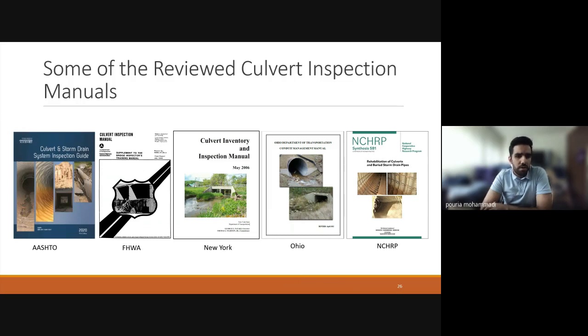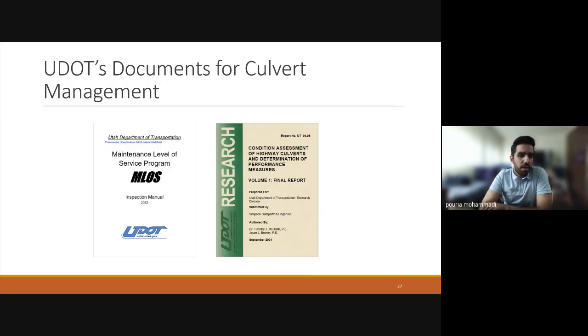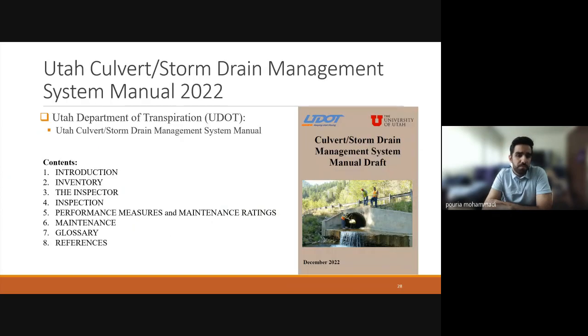These manuals may have different layouts or chapters, but they mostly cover the same concepts and provide the necessary content for the Utah Culvert Management Manual. Also, UDOT provided some of its documents related to inspection and maintenance of culverts that we reviewed too.